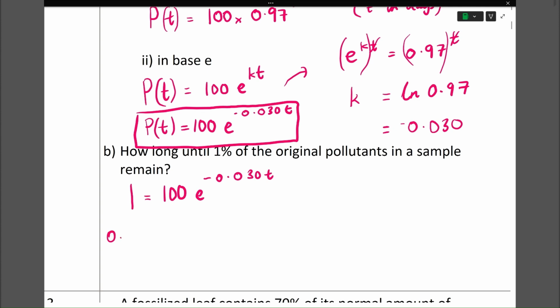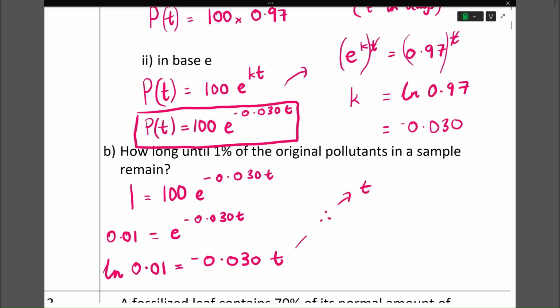So that means 0.01 is equal to e to the minus 0.030t, or the ln of 0.01 is equal to minus 0.030t. And therefore, t is equal to the ln of 0.01 over minus 0.030, which gives us a time of 151 days.